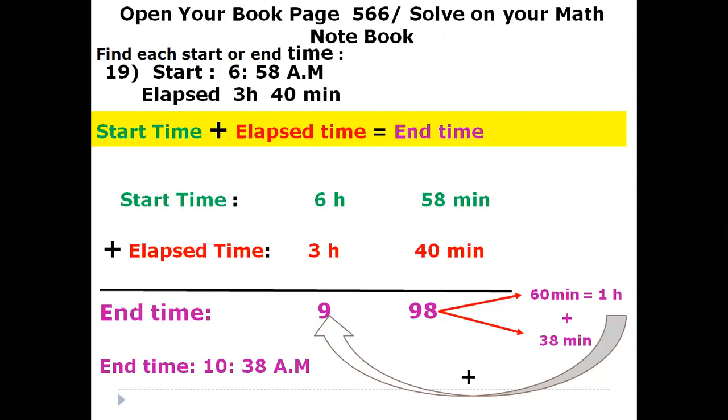So from the 98 minutes, take away 60 minutes, so we get 1 hour. We give that hour to the 9, so we will have 10. How much is left when you take away 60 minutes from 98? You just subtract 98 minus 60, it's 38 minutes.